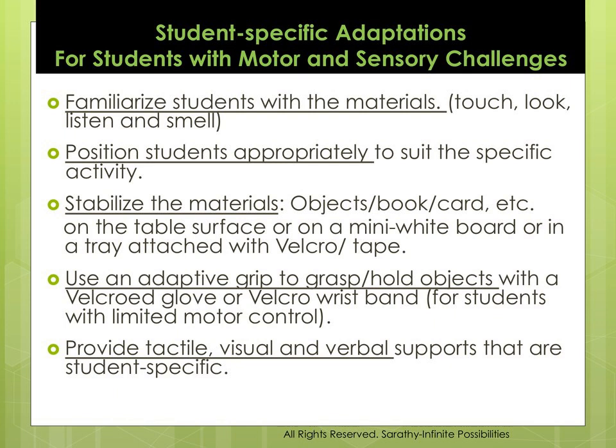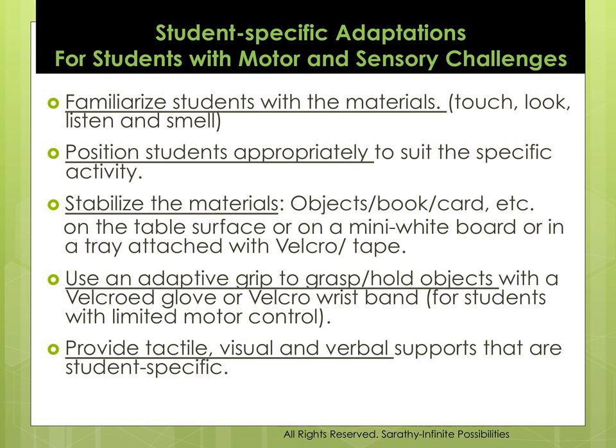You can also use something as simple as a shelf liner and press it on the table and then place the objects so that the student is not constantly struggling and it is not moving away from that place. You can also place objects on the mini board, as I said, and attach them with Velcro.